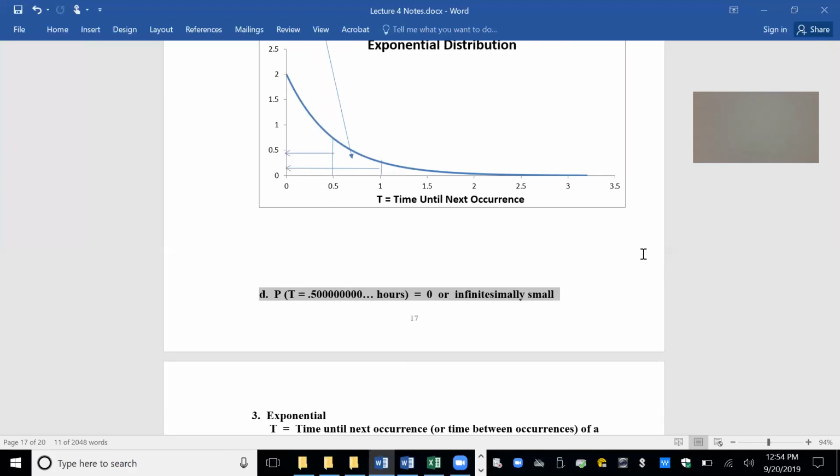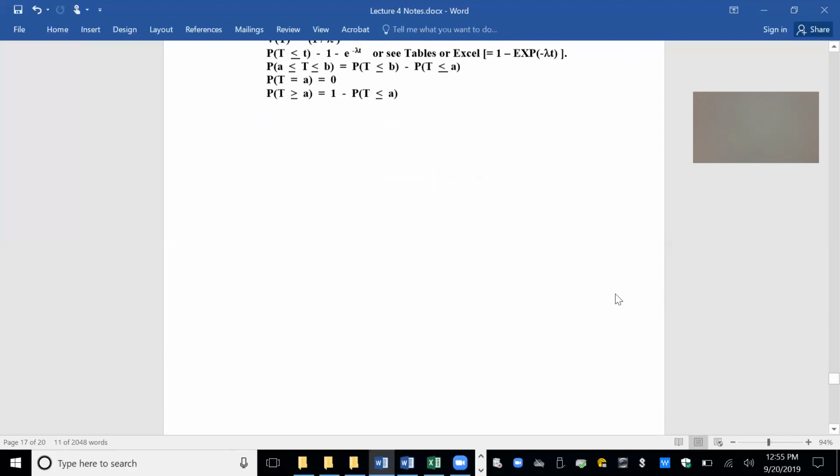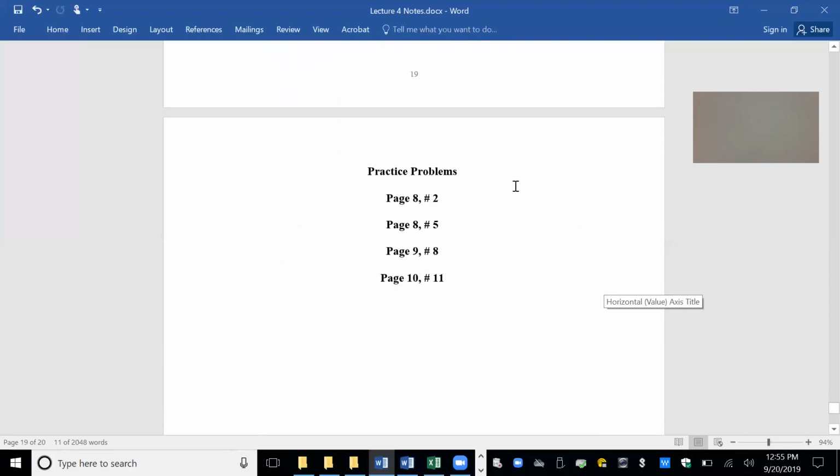When you get into infinitesimally small, things don't make sense anymore. So we never talk about a specific point. I can talk about the probability of being between 0.499999999 hours and 0.5000001 hours. I can talk about any narrow range you want, but we don't talk about specific points because they all have an infinitely small probability of occurrence. Ta-da! That lecture alone is worth the price of tuition, huh?